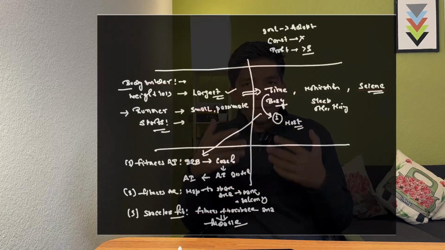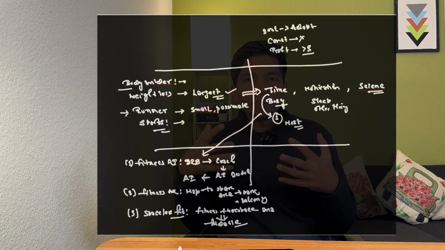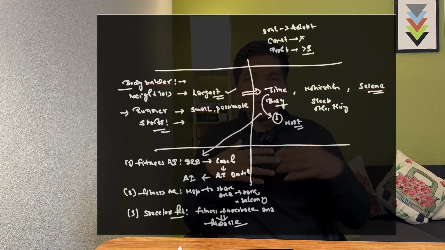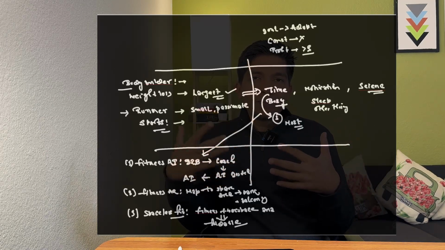The second solution that I have is fitness.ar. The idea here is that people have limited space and time in their home. So what if you could project a gym using AR technology in your balcony or your garden, and that's the place you do exercises.